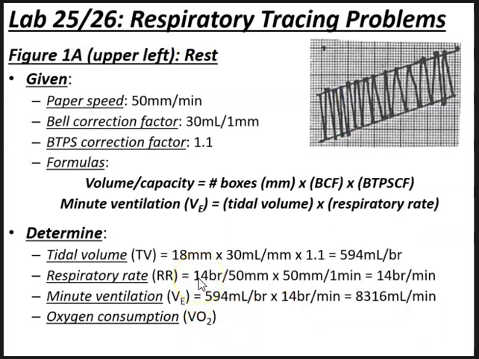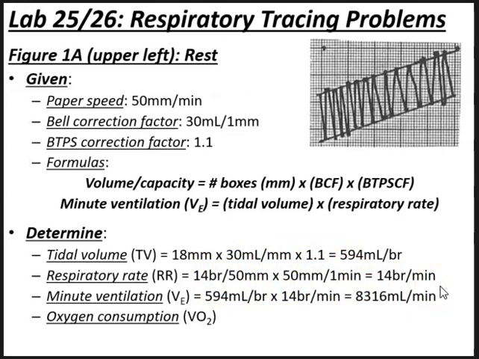So here we are going to use the formula for respiratory rate, 14 breaths per 50 mm, because we have our paper speed, and we multiply that by our paper speed, and we get 14 breaths per minute. The 50 mm cancel out, and we have 14 breaths per minute.